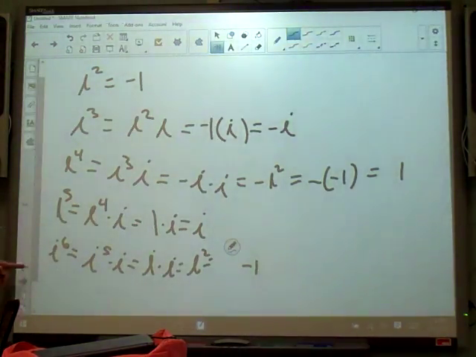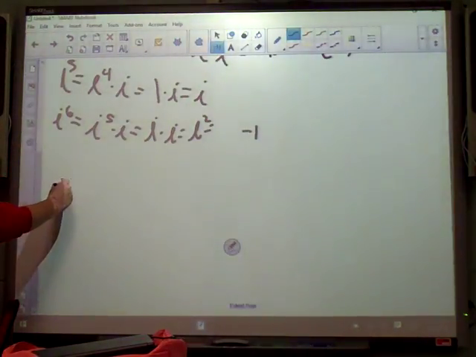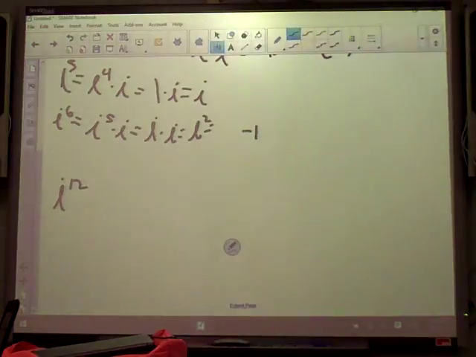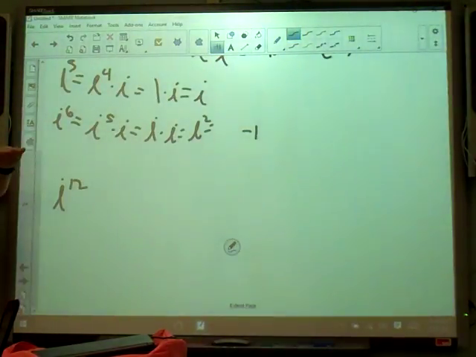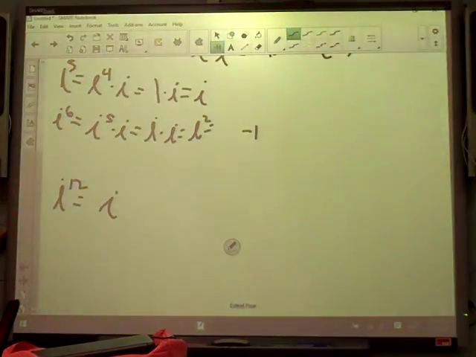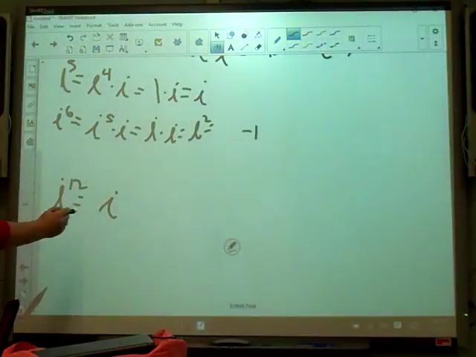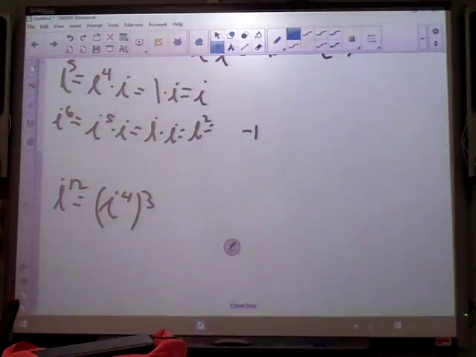Right? So let's say I wanted to know what i to the 12th would be. I could keep my chart going, make an i to the 7th, make an i to the 8th, and so forth. But since I know they're going to do it every fourth power, this is the same as i to the 4th, to the 3rd, right?